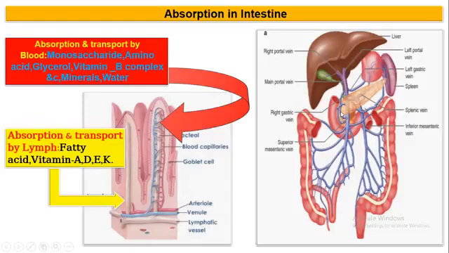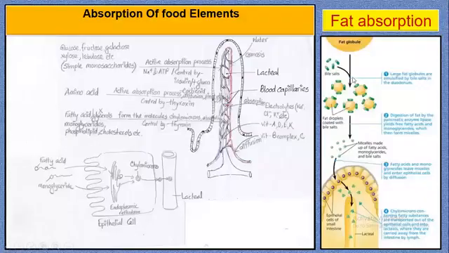So all things are stored in the liver by the hepatic portal vein. This vein is called the hepatic portal because it goes towards the heart directly and is distributed to other glands, and that's why it is called the portal system. Here we see the food substances that are absorbed.